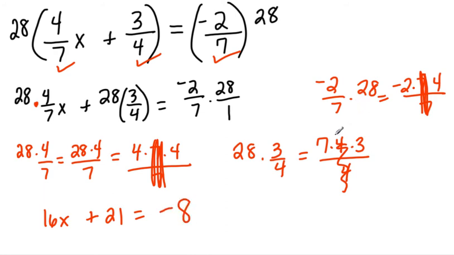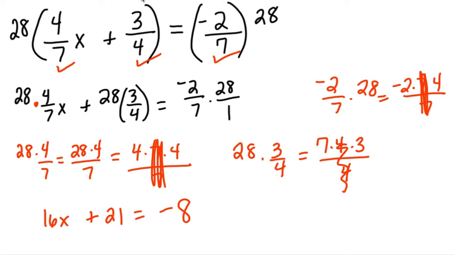Any questions? Minus 21. Who got lost? Savannah's the only one? Ryan, do you understand this? Dakota?